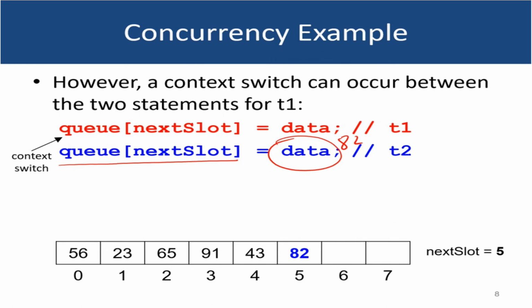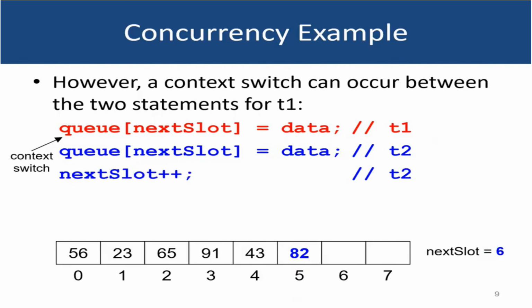Now note that the value of next slot was not incremented by T1. It was suspended before that. So the next slot is still pointing to the same index 5. And therefore when T2 executes its first statement, it will overwrite the 17 that was written by T1. So the 17 would be overwritten by 82. Let's assume that T2 is allowed to finish.